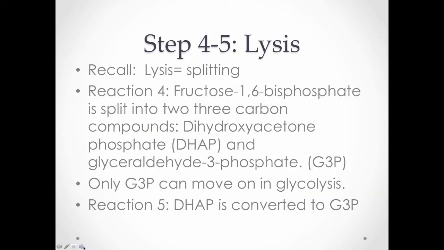Okay. The next step is sugar splitting. So when you've got that symmetrical fructose 1,6-bisphosphate, you can split the sugar in half. The fructose 1,6-bisphosphate is split into 2 3-carbon compounds, dihydroxyacetone phosphate, which we're going to abbreviate DHAP, and glyceraldehyde 3-phosphate.